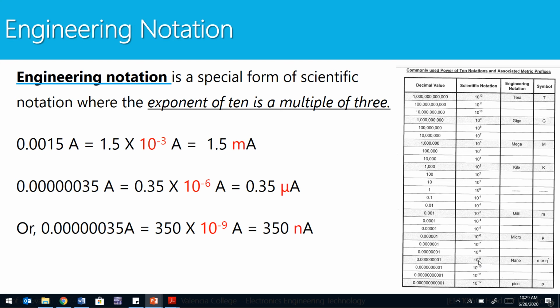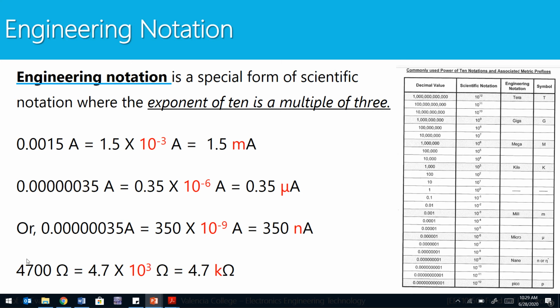Replace the negative 9 with the prefix for nano, which is represented with N. Technically, it's the Greek letter eta, which is an N with a longer tail on the right-hand side, but using an N is acceptable for nano. Also, writing just a U for microamps is also acceptable instead of the mu. So this is how we might write this particular number in engineering notation.